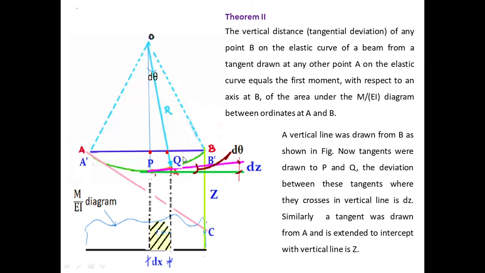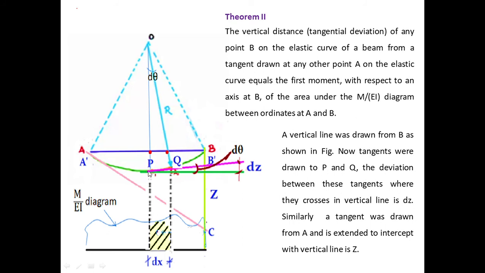Suppose you want to find the vertical distance here, you have to draw a reference line. But in this case, we are going to determine the vertical distance at this point B, so we draw a vertical line from B. Okay, could you understand? Right. So a vertical line was drawn from B as shown in the figure. Now tangents were drawn to P and Q.